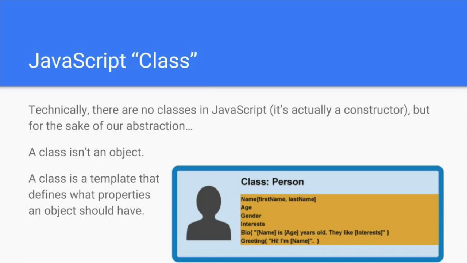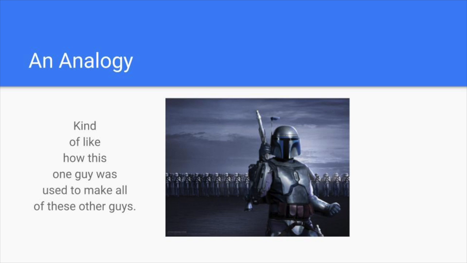And technically, there are no classes in JavaScript, so try to avoid getting in that argument. But for the sake of abstraction, and because classes are a common concept when talking about object-oriented programming, we will use this term to describe the process of object instantiation through the use of constructor functions. But I'm getting ahead of myself.